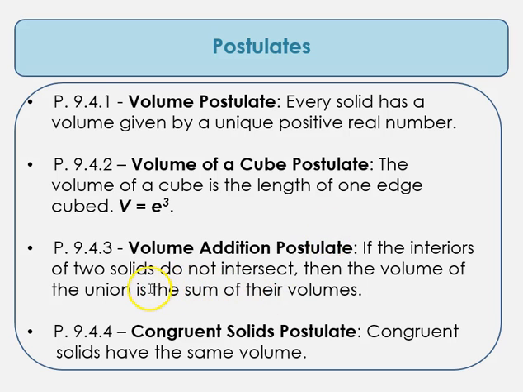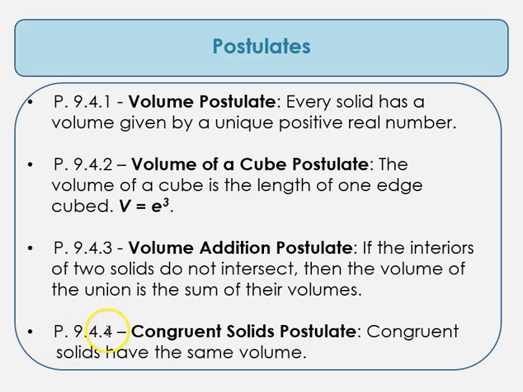Postulate 9.4.3, the volume addition postulate. If the interiors of two solids do not intersect, then the volume of their union is the sum of their volumes. This is very similar to our angle addition postulate, to circle addition postulates, all of the postulates we've done before. This postulate is giving you the background to allow them to be added together.